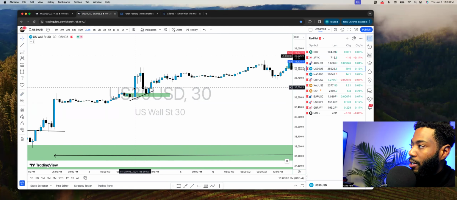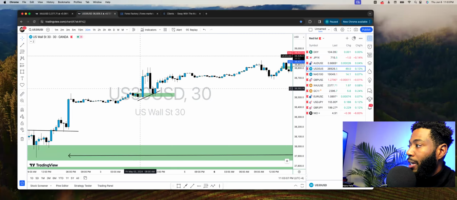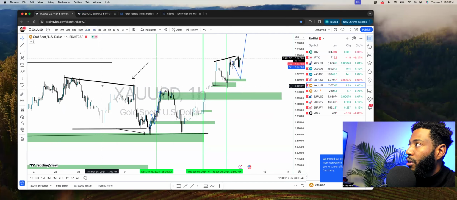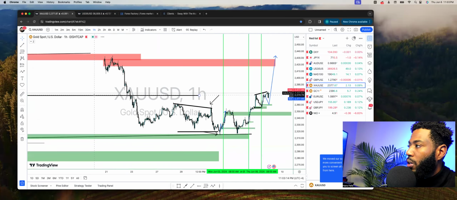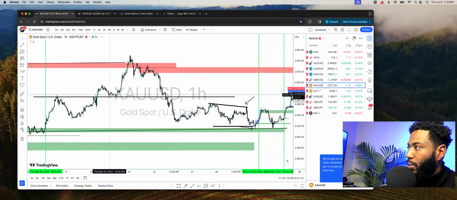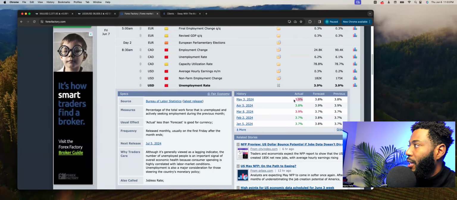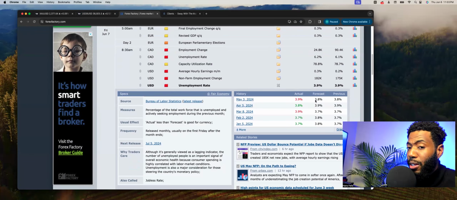So this is how price pretty much reacted on May the 3rd. Let's check and see how price reacted for gold that same day. Remember, we said if numbers come out negative versus what was forecasted, meaning a high unemployment rate, at least 0.1% above the 3.8 that was forecasted, then that's not a good look for the dollar.